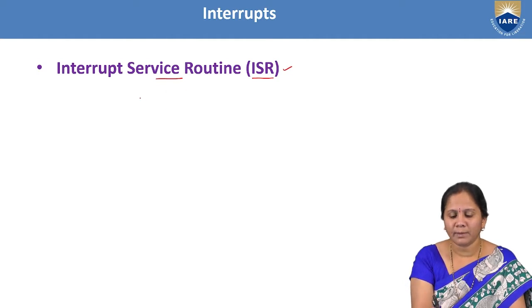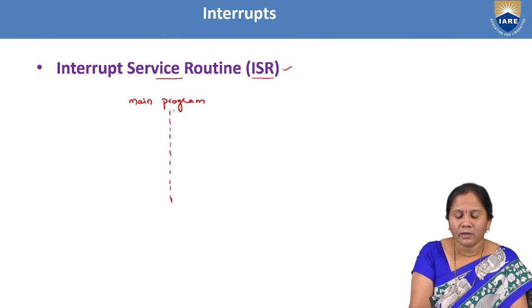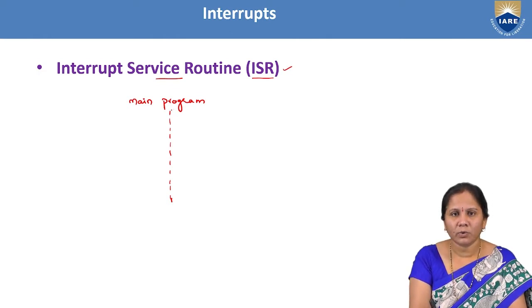For example, if the processor is executing the main program, the main program consists of some set of instructions, and as we know, the processor will execute the instructions in sequential order.